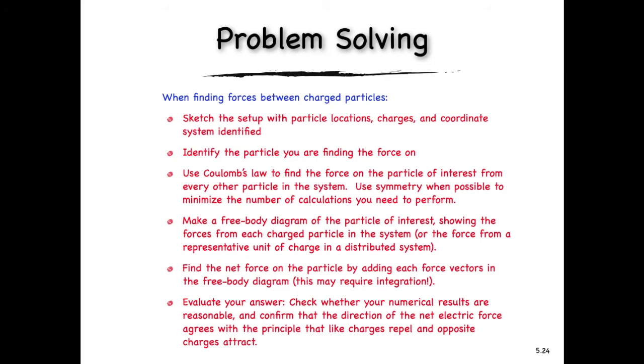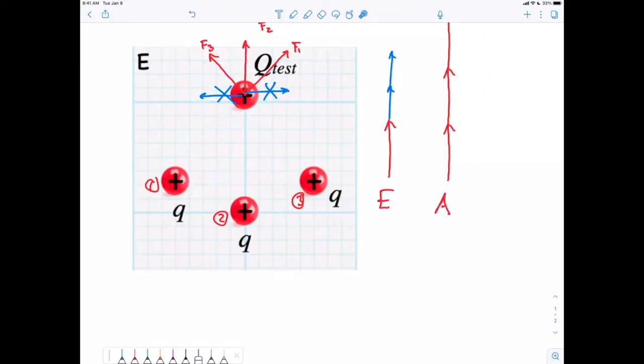Sometimes our system will have symmetry that allows us to cancel out forces from charges that are on equal and opposite sides, or to cancel out the components of forces, like we did here. Make an argument that because this system is symmetric around the y-axis, there can't be a force in the x direction.